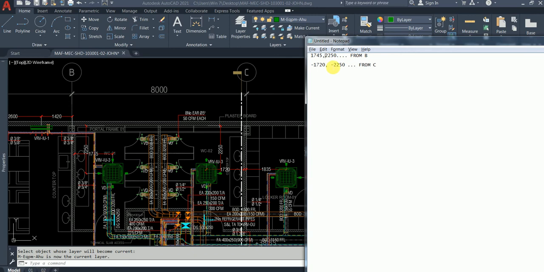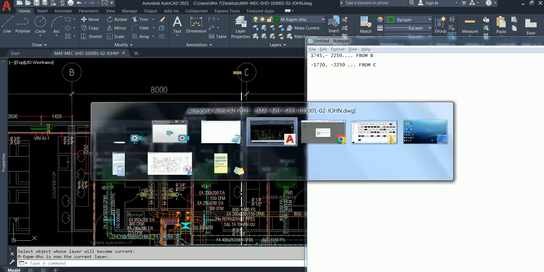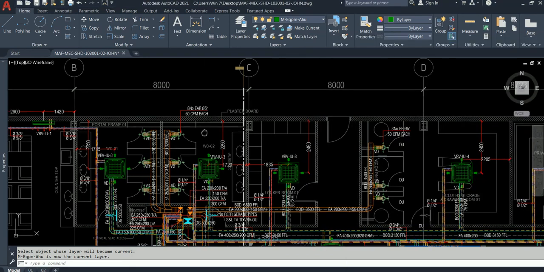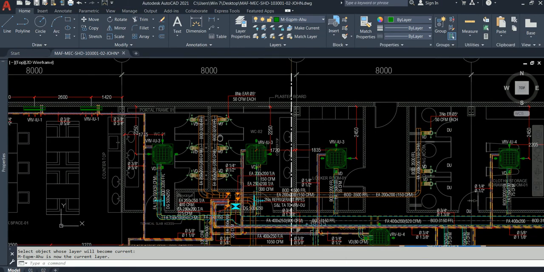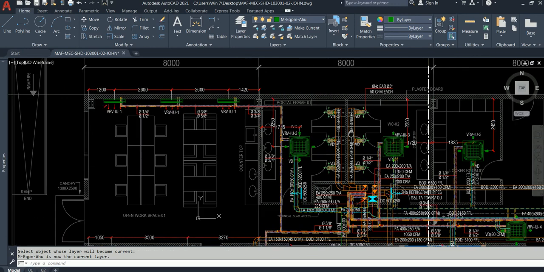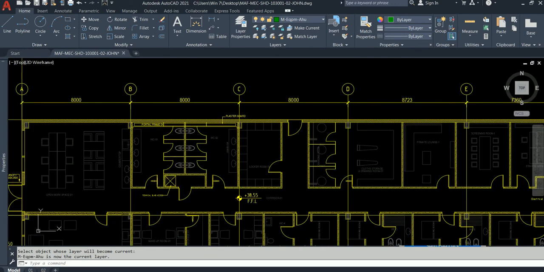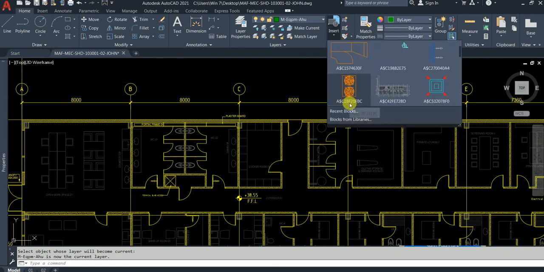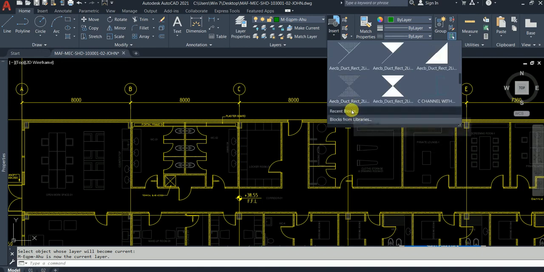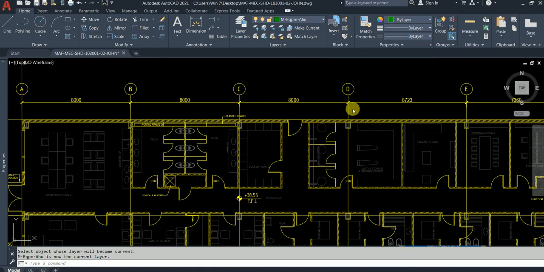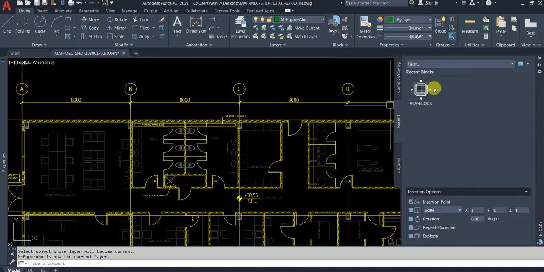This is positive, this is minus. You will understand what I mean by this. You just draw two of them, and then I think you can do the remaining. So we said from B, we are here. Very good. So what you'll do is insert, recent blocks, this one.